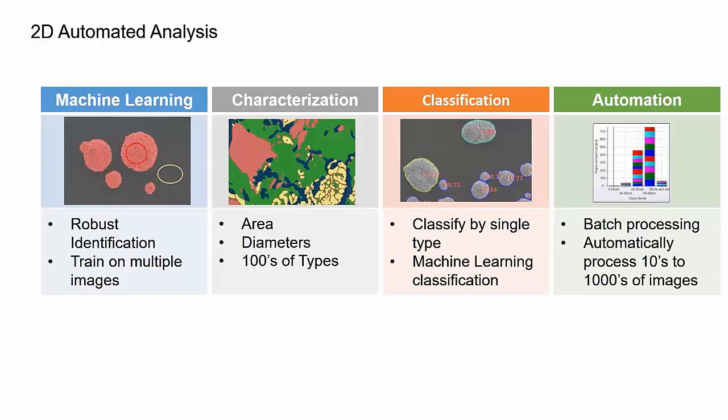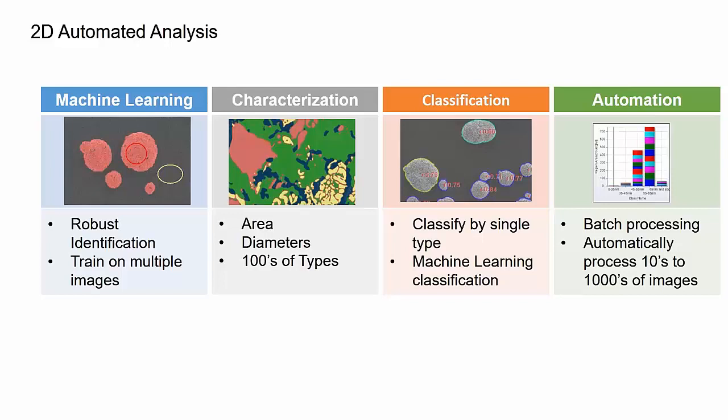As I mentioned, machine learning is useful in training Image Pro to recognize what you want to measure, but it can also be used in classification, especially if you have different classes of objects that are very similar in their properties, maybe the same size, but with slightly different perimeters, slightly different edges, maybe slightly different textures.